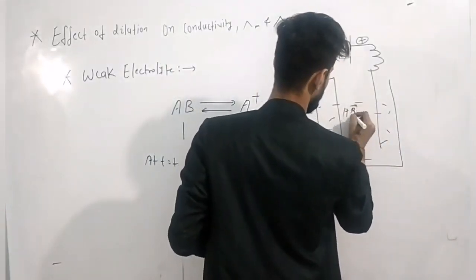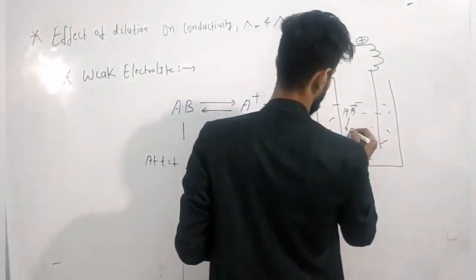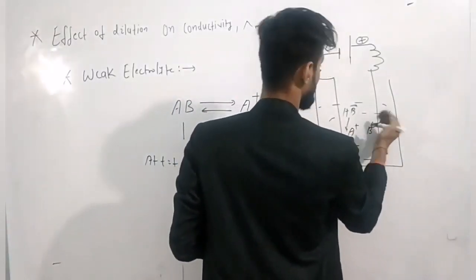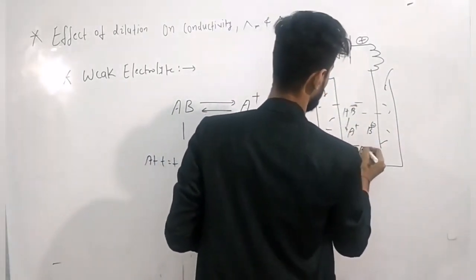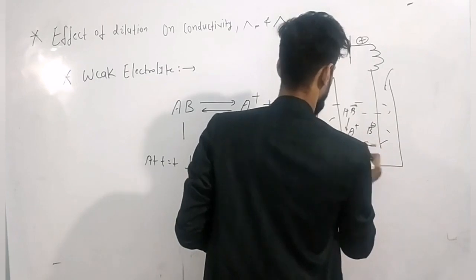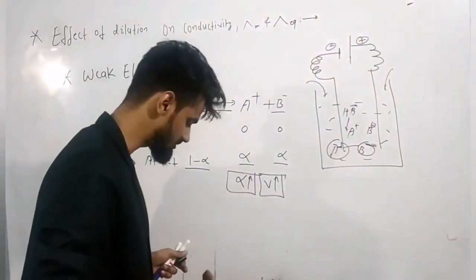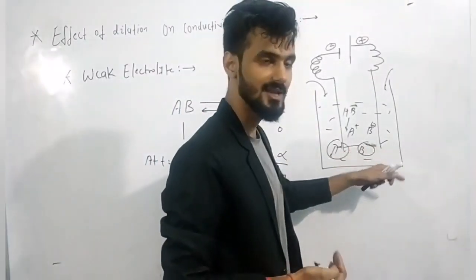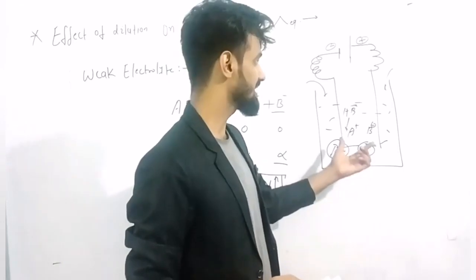Initially it is AB, and after dissociation it gets converted into A plus and B minus. If you dilute again, you will get more and more A plus and B minus, so per unit volume the number of charge carriers increases. Because the number of ions increases due to dissociation and they are charge carriers, conductance would increase, so molar conductance will increase.